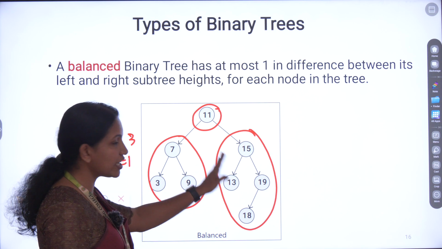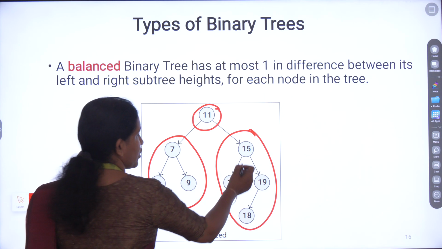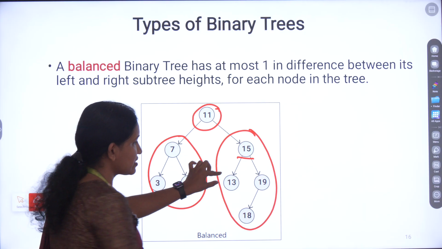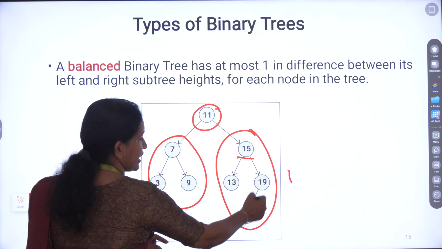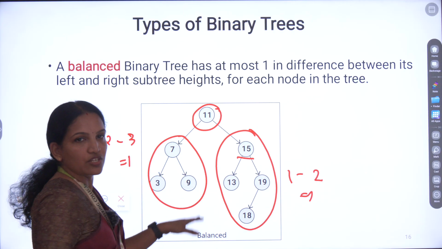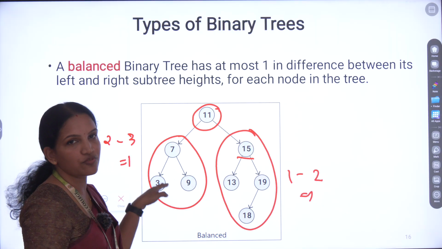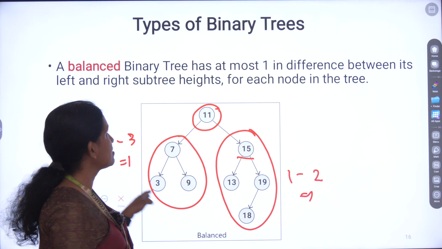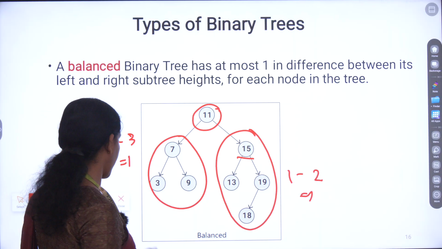If you consider any node in this tree, for example node 15, the height of the left subtree is 1, the height of the right subtree is 2, and the difference is only 1. If this condition is satisfied for all the nodes in a binary tree, such a binary tree is known as a balanced binary tree.